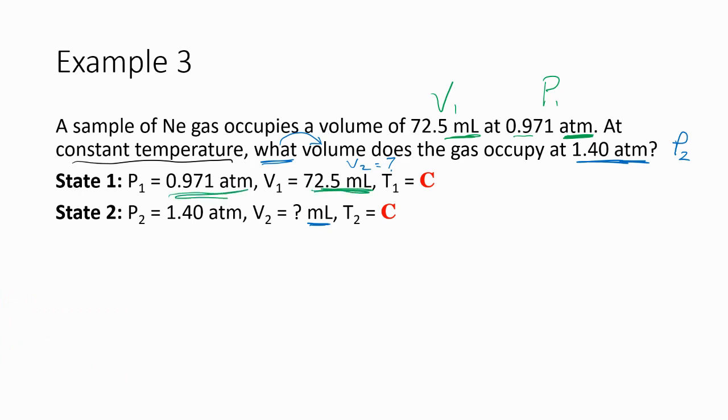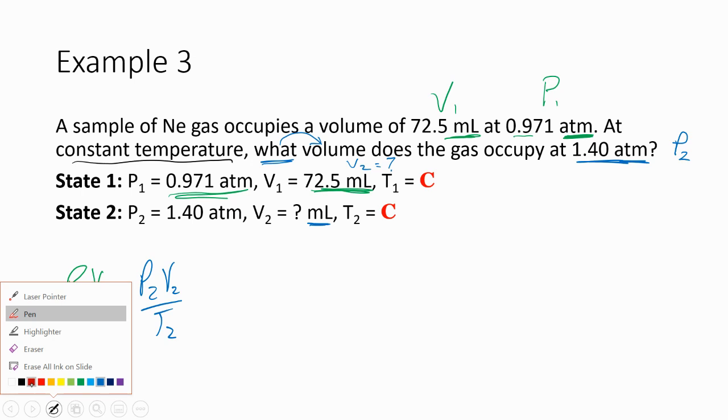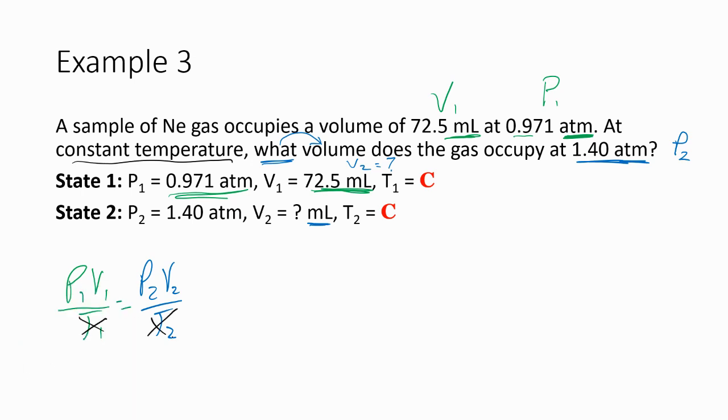And then this first one here has atmospheres, and this one has to be in atmospheres. So P1 V1 over T1 equals P2 V2 over T2. We're going to cross off those temperatures because they're constant. So it's just P1 V1 equals P2 V2.